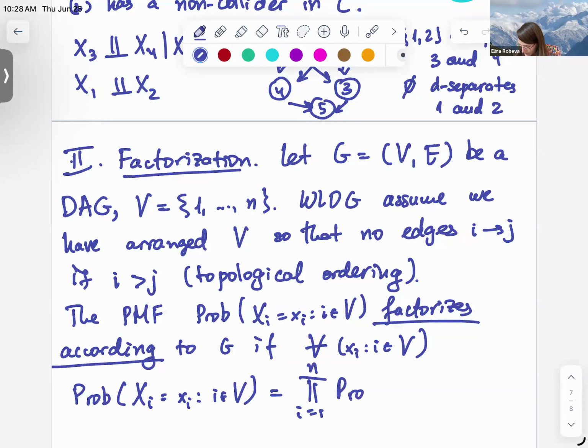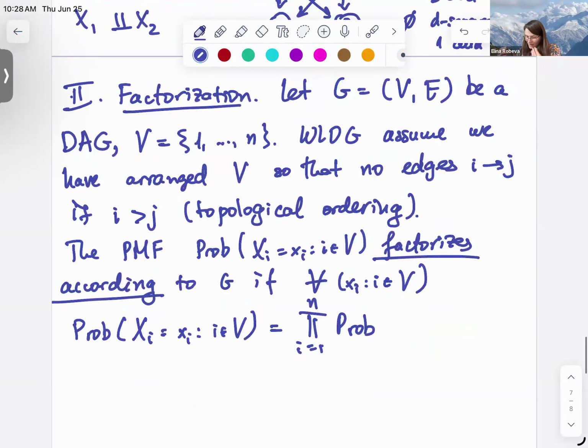The product is important: it starts from i equals 1 to n, so we're starting from the top vertex and going down.